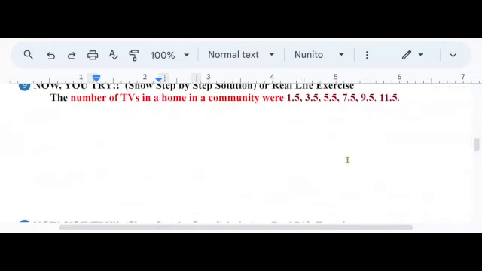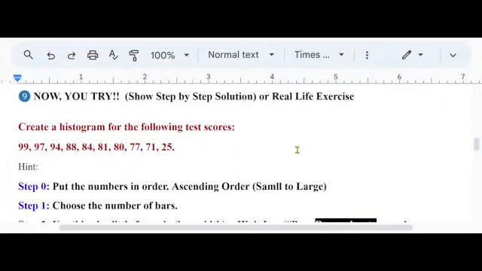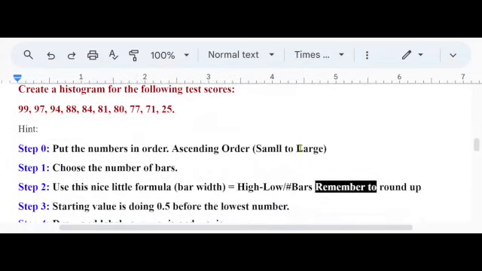Now, don't worry about this one, but can you try this one? Create a histogram for the following test. Try to do it now. First, what should you do? Put the numbers in order, ascending order, from small to large. So what's the smallest number? 25. Put 25. What's the second one? 71.